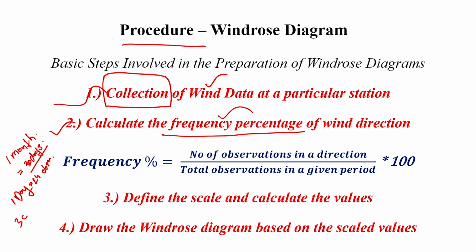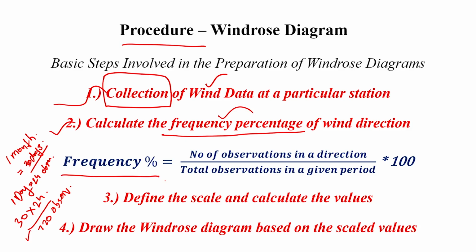So, for 30 days into 24, I will have 720 observations for 1 month.